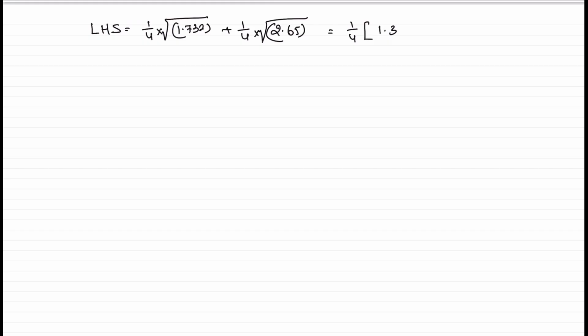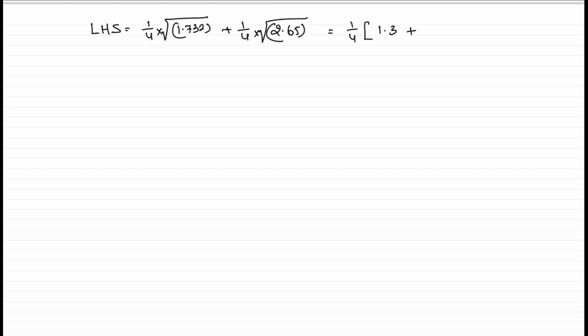Square root of 1.732 can be approximated to 1.31 or 1.3, let us say, plus square root of 7, which is 2.65. Square root of 2 is 1.414. Square root of 3 is equal to 1.732.